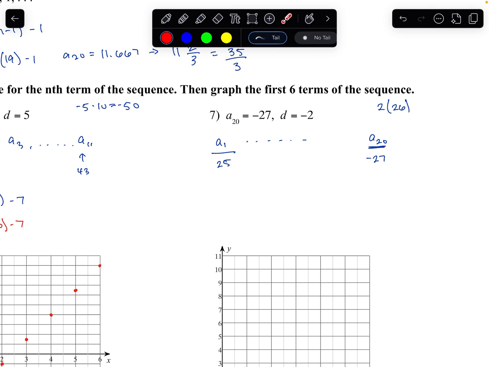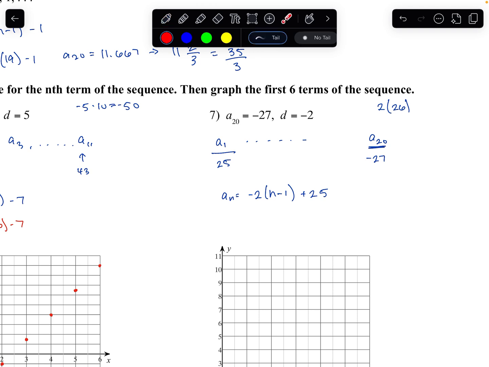So 25 minus 52. So a sub n is going to be equal to negative 2 times n minus 1 plus 25.